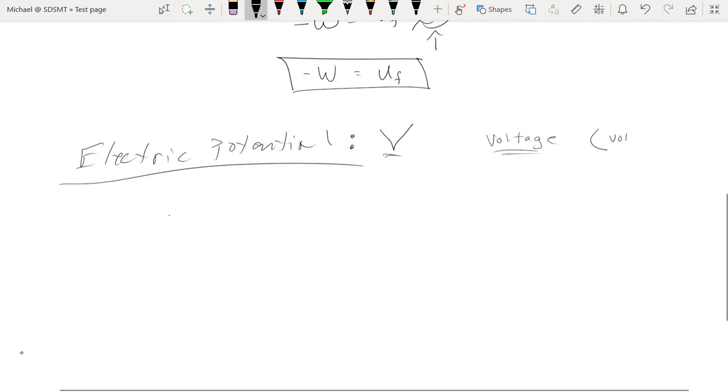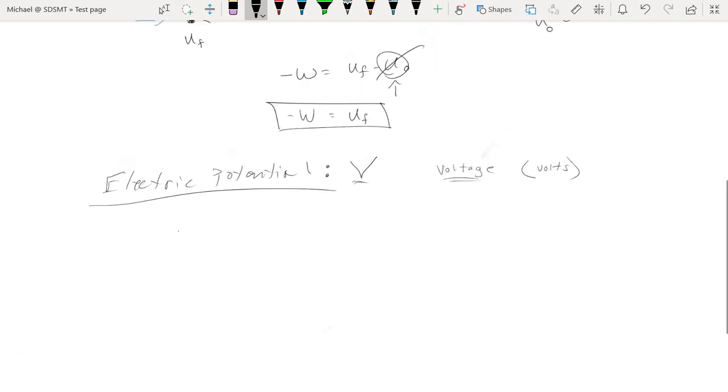And the units for electric potential are going to be the volt, hence the more common name of voltage. So how does this voltage, aka electric potential, compare to the potential energy of the system?